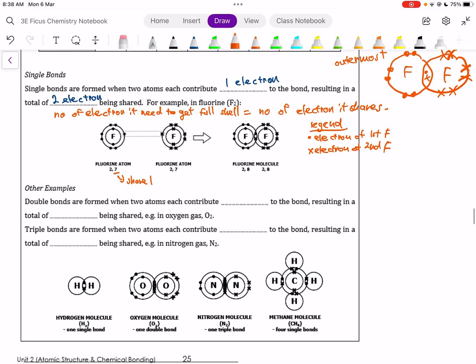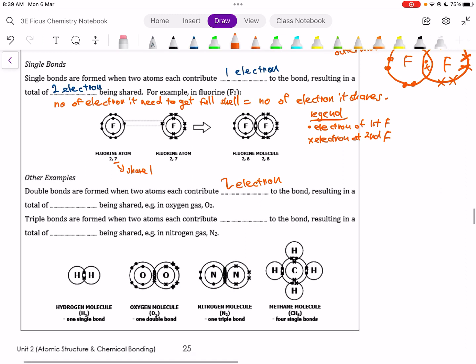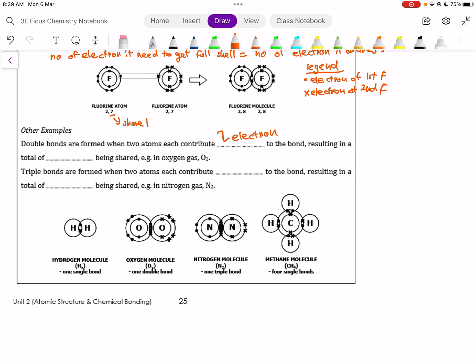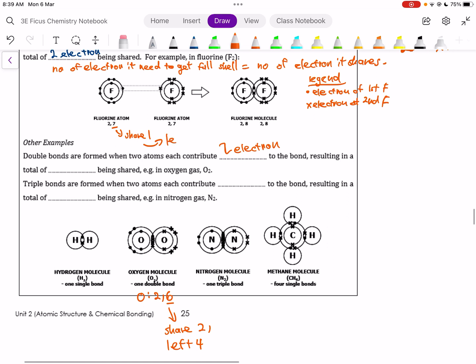Then double bonds are formed when two atoms each contribute 2 electrons to the bond. For example, oxygen is 2 6. You will share 2, left 4. You have to see how many you share and how many you are left with. Just now fluorine will share 1, left 6: 1 2 3 4 5 6.